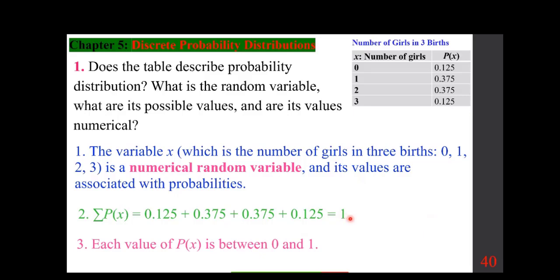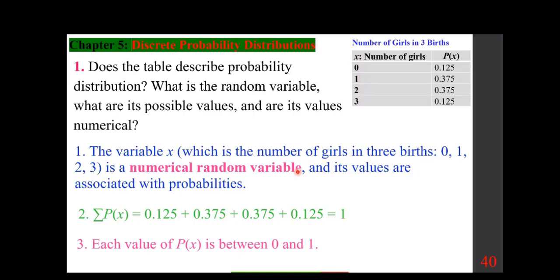Or if it's 0.999, many nines. But if it's 0.99, that may not be good enough, or if it's 1.1, it's not good enough, okay? And of course, the variable x, which is the number of gears in 3 bits, what can it be? 0, 1, 2, 3. They are all numerical random variables, okay? And they're associated with probability.